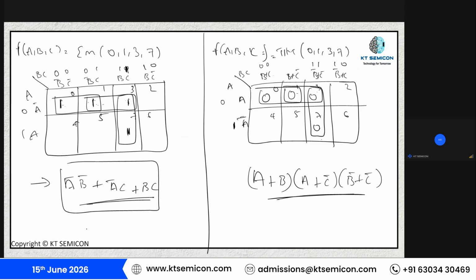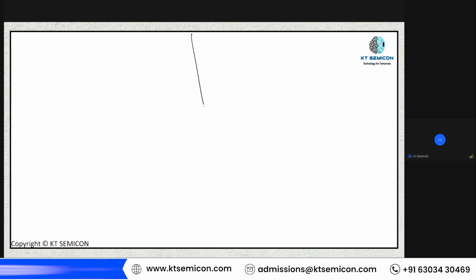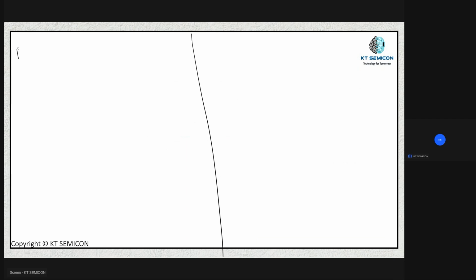Now let's take a four variable KMAP and try to solve it. Let's say I have a four variable KMAP like this: f of a comma b comma c comma d is equal to sigma m of 1, 2, 4, 7, 11, and 13.